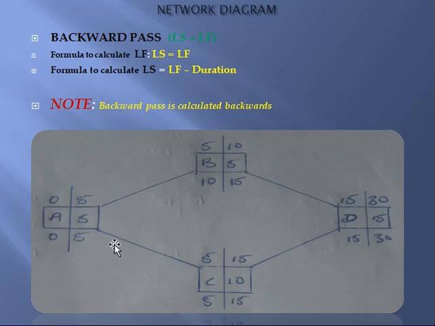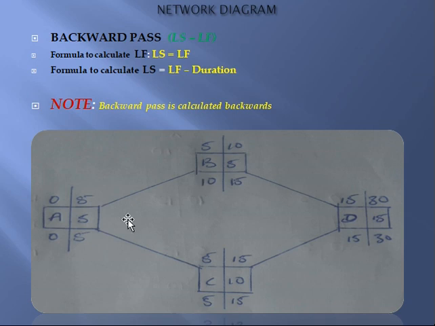Why? Because activity C is starting on the 5th. For it to start on the 5th, it means activity A has to end on the 5th. While on the other hand, activity B is starting on the 10th. You understand? On the 10th.